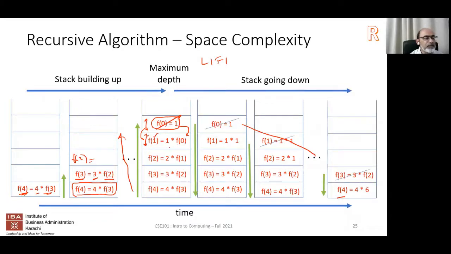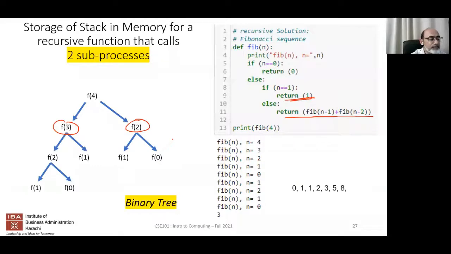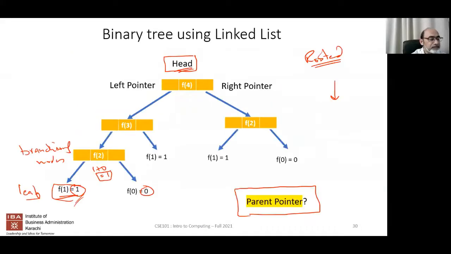But what happens when these are implemented as stacks? Okay, so now they're not in contiguous memory locations. So if you've computed f of 2, Fibonacci of 2, you don't really know where Fibonacci of 3, that process, is in memory.